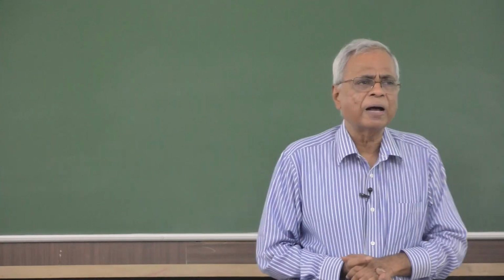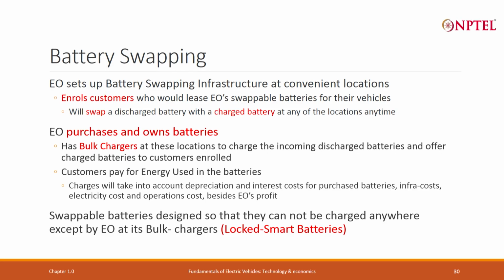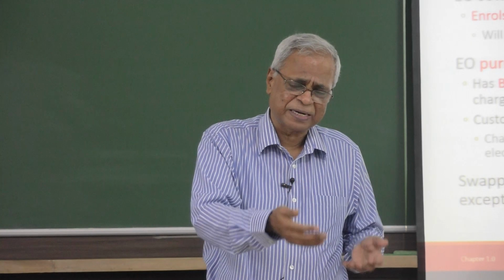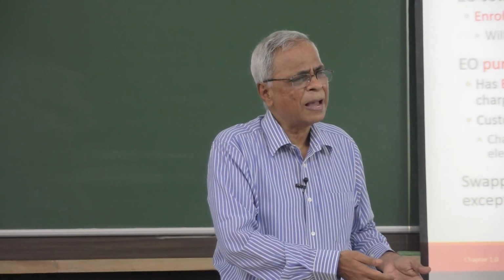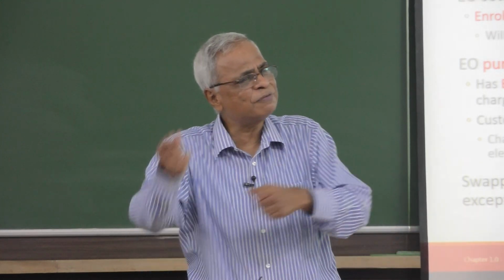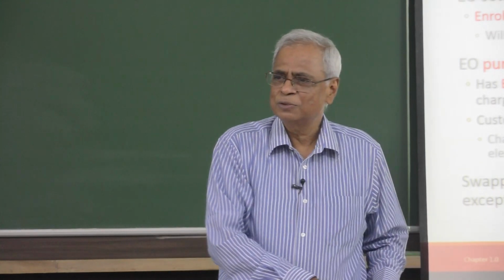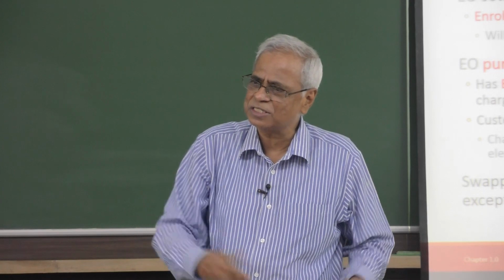A question sometimes asked, and again we will get into details: I have given a battery to you, and suppose you run away with this battery, or you have taken this battery once. I am supposed to give you a charged battery, and you are supposed to bring the discharged battery back, but instead of bringing back the discharged battery, you keep on charging and using it yourself.